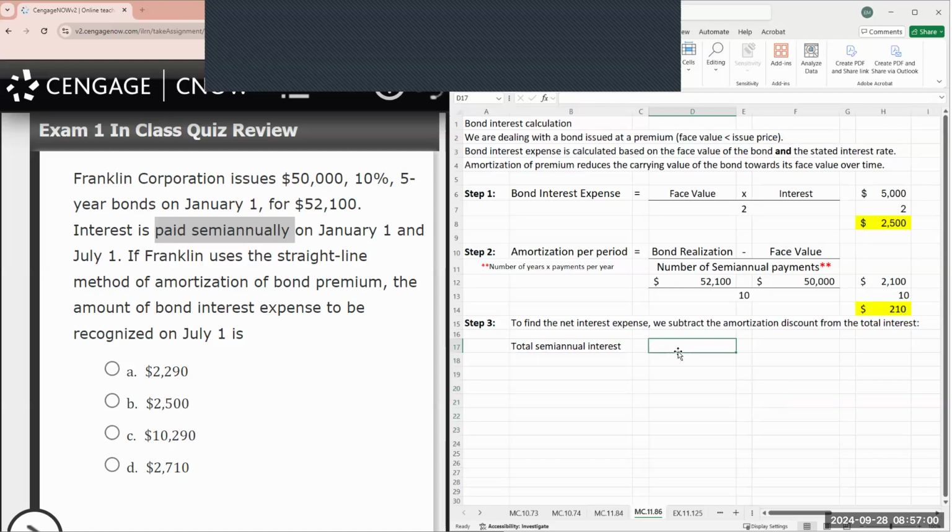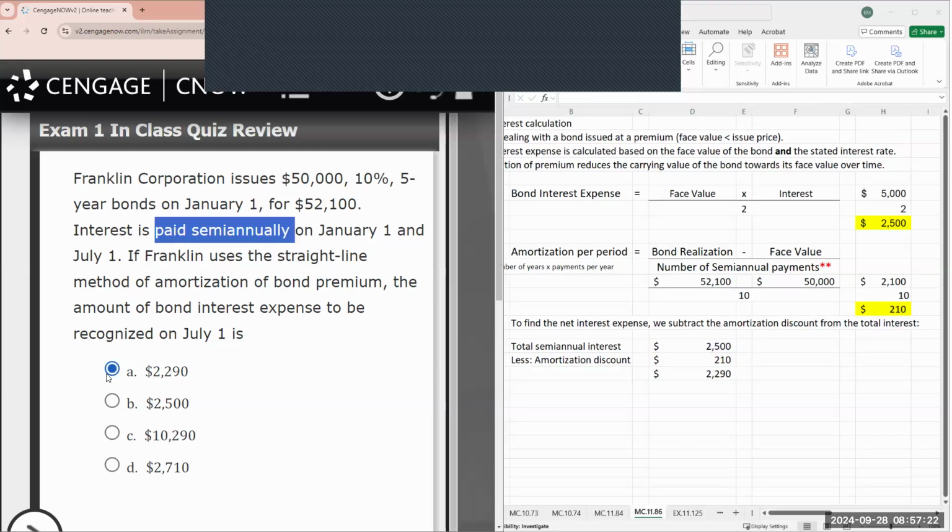Our total semi-annual interest is 2,500 as we calculated below, less the amortization discount, which we calculated as 210. Our net interest expense is $2,290.